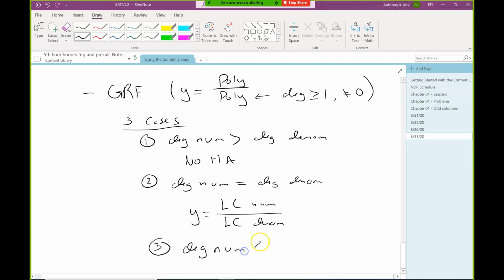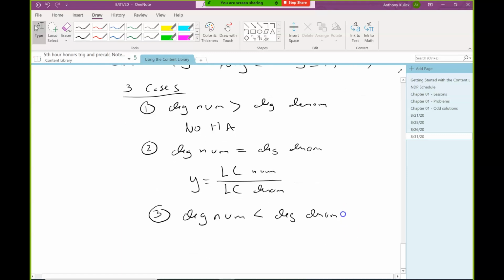And the last situation, if the degree of the numerator is less than the degree of the denominator, your horizontal asymptote would be at y equals 0. And remember that when we say horizontal asymptote, we could mean just end behavior also. These things could cross in the middle, but the end should still have that same asymptotic behavior where it gets really close but doesn't cross.